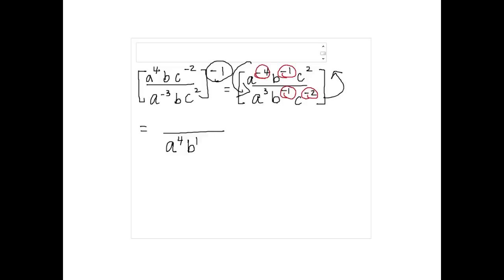And then, since b to the negative 1 is in the bottom, I'm bringing it up and changing the negative 1 to positive 1. And c to the negative 2 becomes c squared on top. Now these two factors, c squared and a cubed, do not have negative exponents, so they stay where they were before.